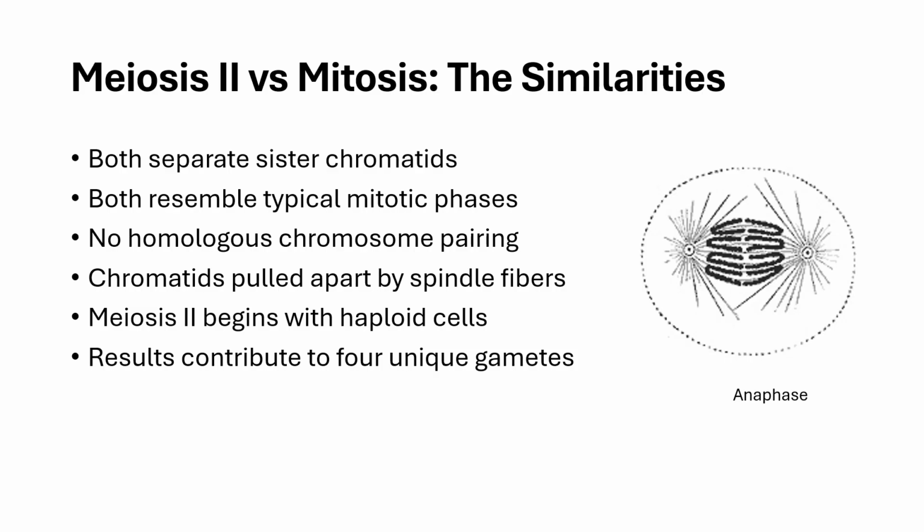One major distinction is that meiosis II begins with haploid cells, while mitosis begins with a diploid cell. Despite their similarities, meiosis II still contributes to the overall genetic variation produced by the whole process. Each chromatid separated in meiosis II may already be recombinant because of earlier crossing over.